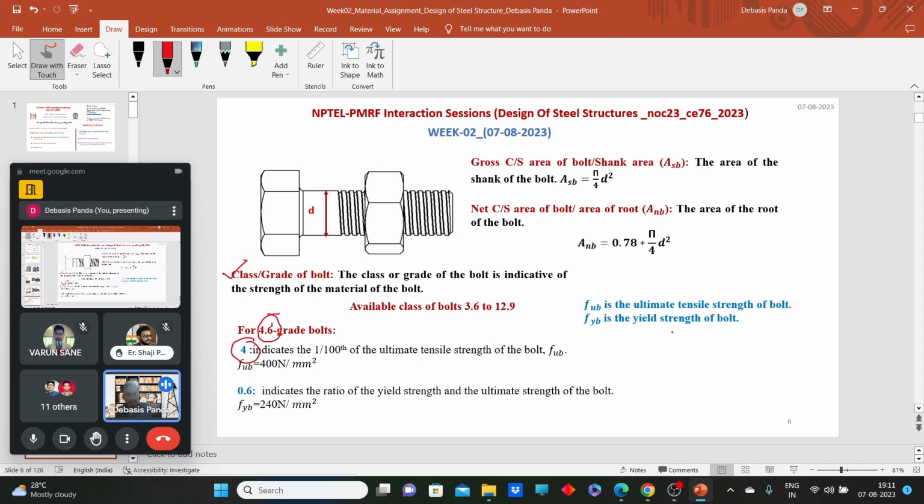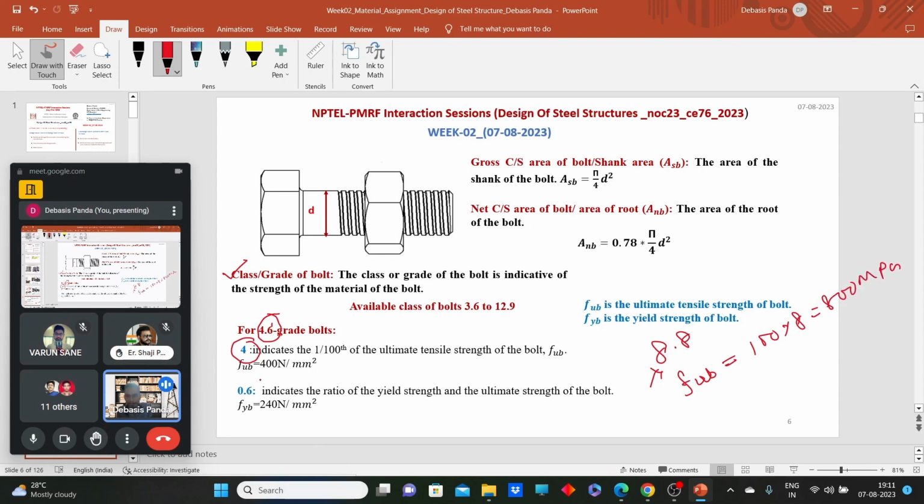Before the decimal, that indicates one hundredth of the ultimate tensile strength of the bolt. Say, for example, we have an 8.8 grade bolt. The first 8 denotes one hundredth of its ultimate tensile strength. So the ultimate tensile strength f_ub will be equal to 100 × 8, that will be 800 MPa.